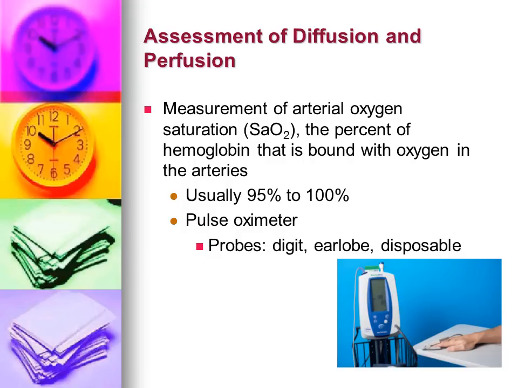A photodetector in the probe detects the amount of oxygen bound to hemoglobin molecules, and the oximeter calculates the pulse saturation. Your pulse saturation is a reliable estimate of your arterial oxygen saturation when the O2 stat is greater than 70%. A saturation of less than 90% is a clinical emergency.